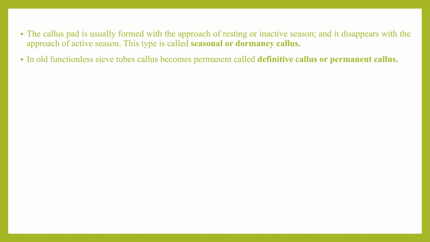Seasonal means that during the inactive season the callus forms, and during the active season it disappears. But here it will be permanent. Due to formation of this callus, the continuation is interrupted and translocation will not take place.